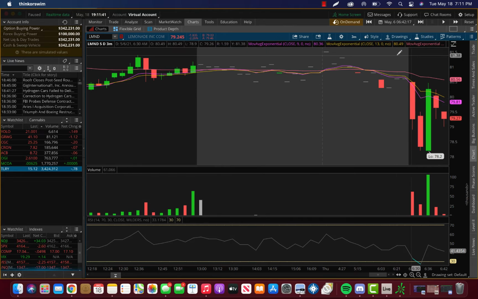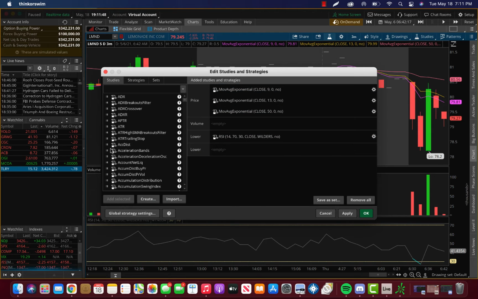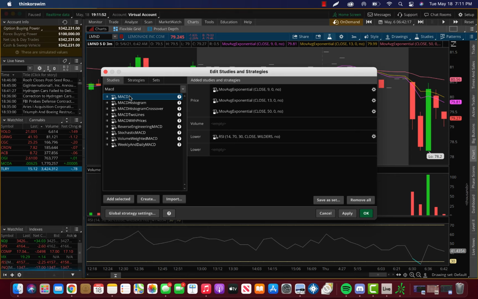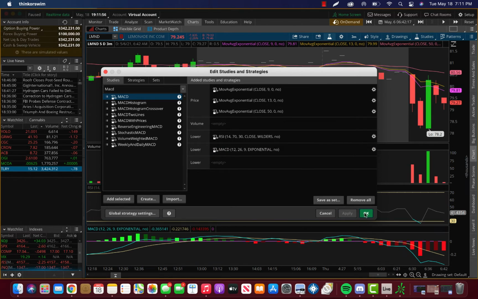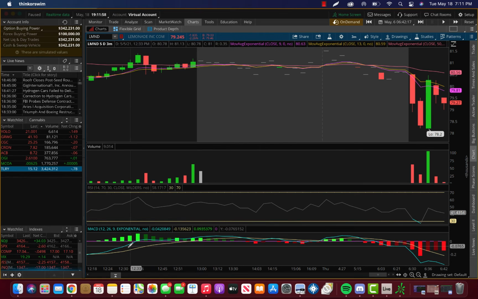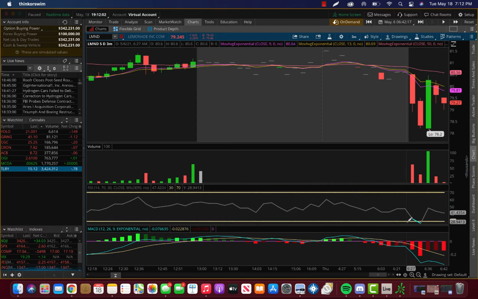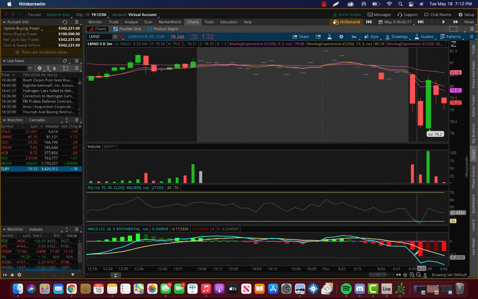And then I forgot to put it on here, but we have our MACD as well, which is a really great indicator. What MACD does is it shows you the trend of a particular stock for whatever period of time.